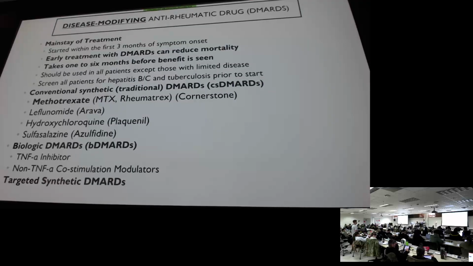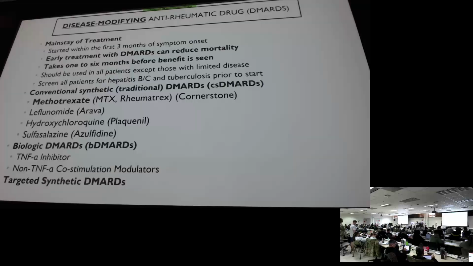So 3 main classes, and I've mentioned them a little bit in the last couple of slides. The conventional synthetics, or you'll see it abbreviated CS, is your methotrexate, also Rheumatrex. That's the cornerstone, right? Methotrexate and the conventionals are your cornerstone. And we'll talk about the other 3 in that class as well.